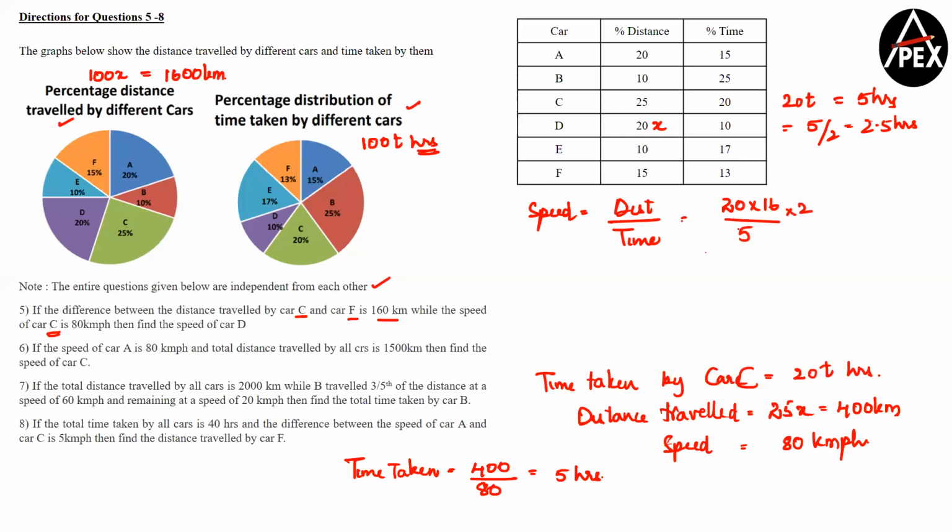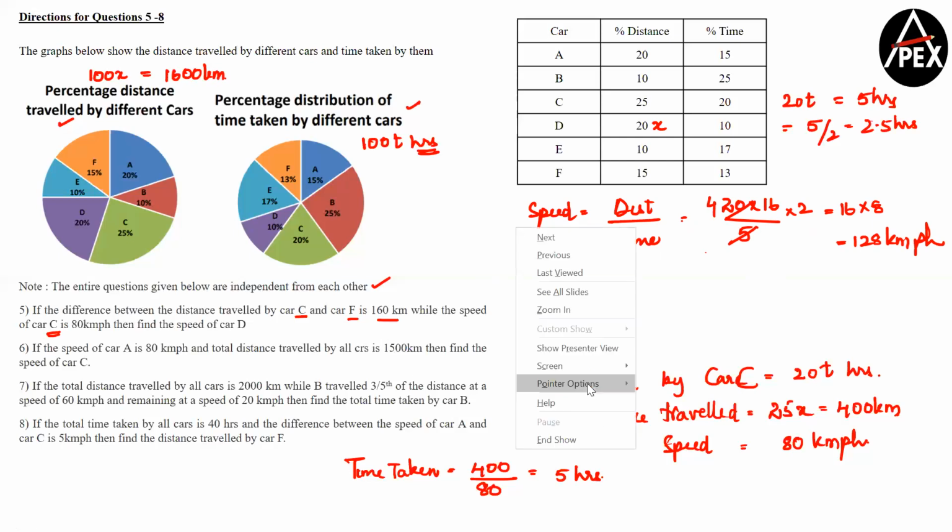So 16 into 8, which will be 128 kmph. So the speed of car D is 128 kilometers per hour. Clear? Yes.